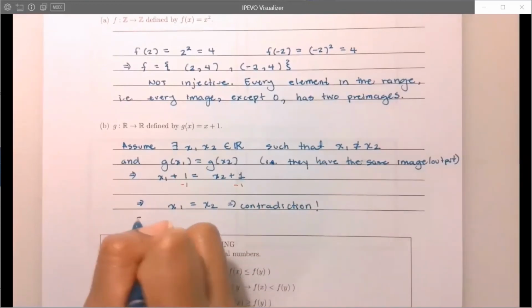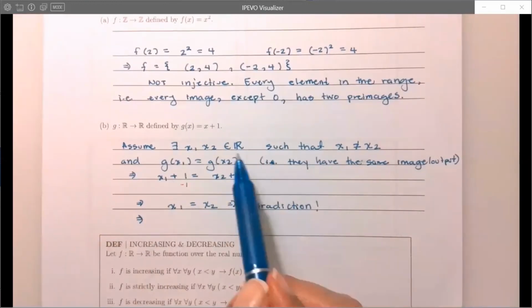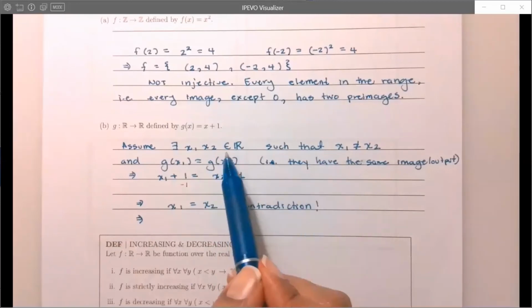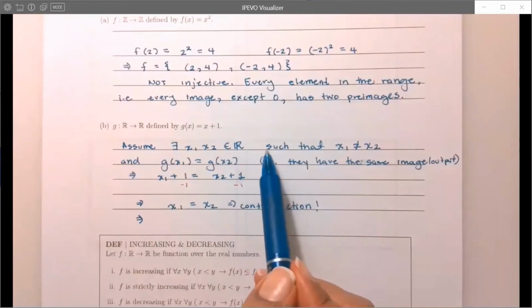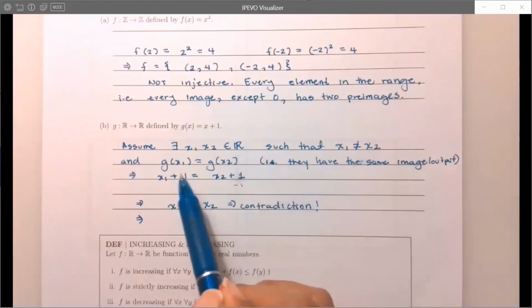And what that means is that there are no such real numbers x1 and x2 such that x1 does not equal x2 and this is true.